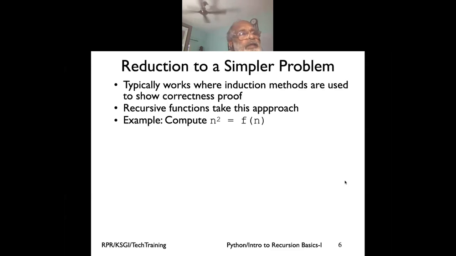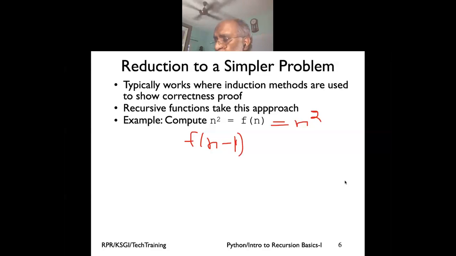Let's say my problem is to compute n square. Given n, I need to find n square. Let's say my function f(n) is n square. What would be the problem of smaller size? The problem of smaller size would be f(n minus 1).